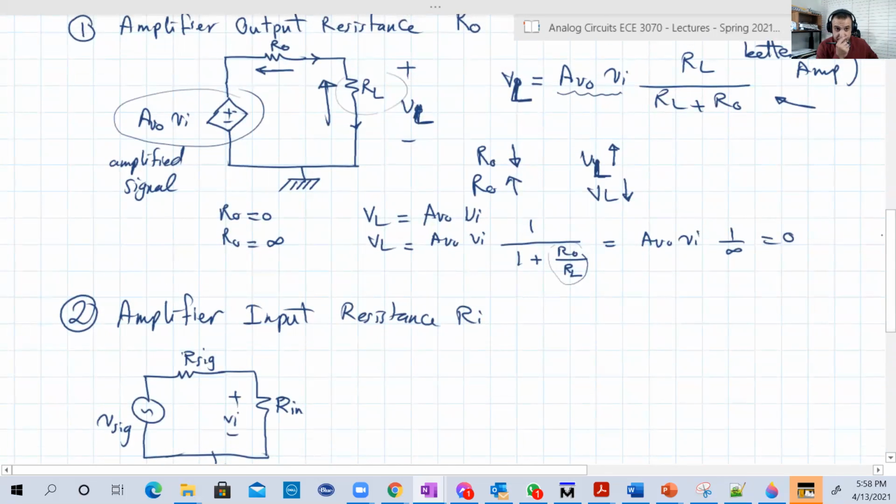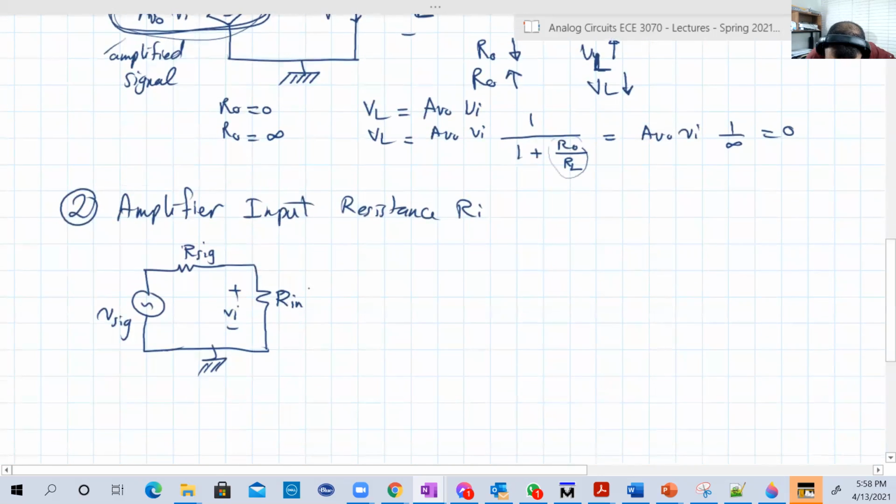We said in the beginning, look, the amplified output voltage is not AV naught V signal, the original signal that we wanted to amplify, no. But it's AV naught VI. And what is VI? It's basically the voltage across our input. Why is that? Because of this R signal here.